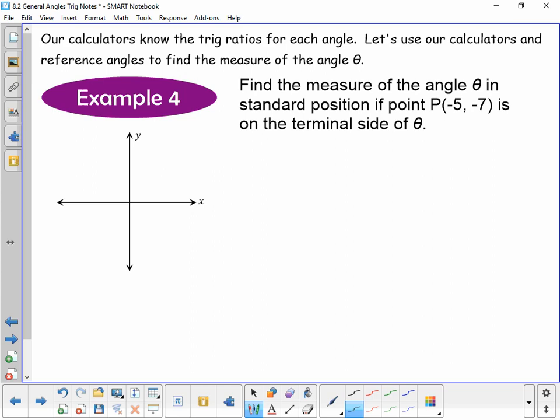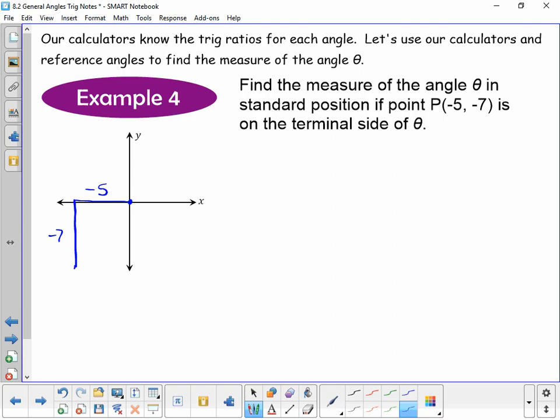So this says that we want to find the measure of the angle theta. It's in standard position, and the point (-5, -7) is on the terminal side of theta. So if I was drawing my path to that point P, I would go back 5 and down 7.